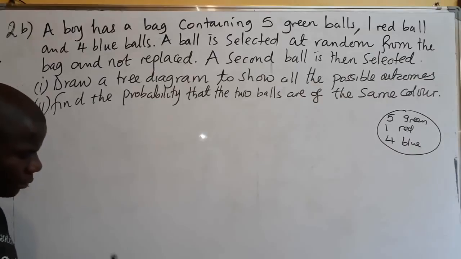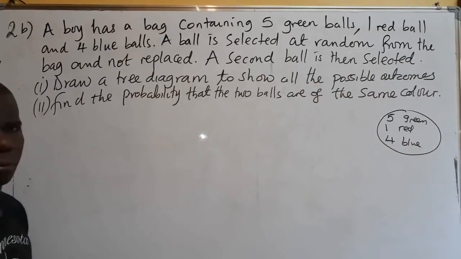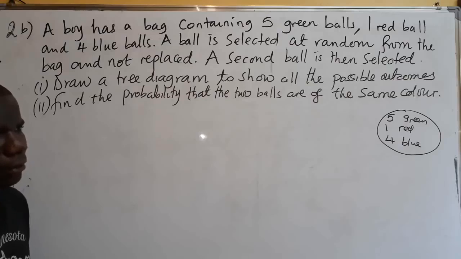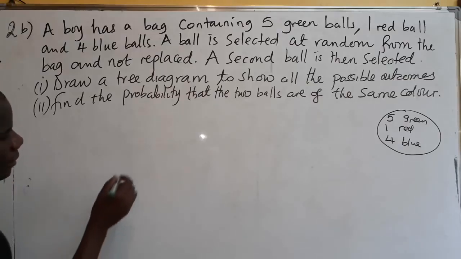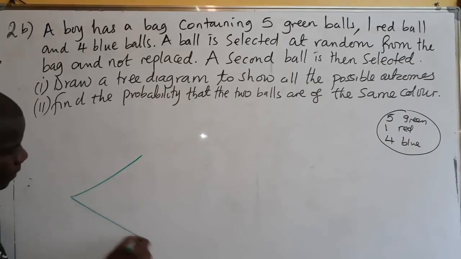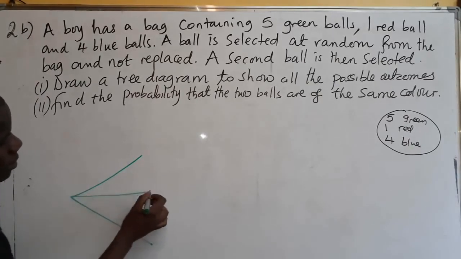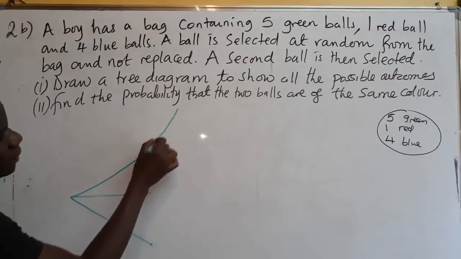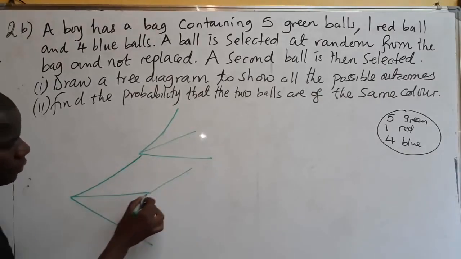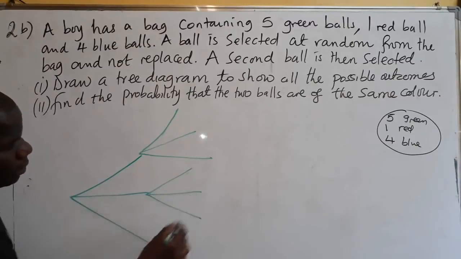So since we have 3 colors there, we are going to have 3 branches. Okay, so we start with, and since 2 draws were made, I'm going to have this also.